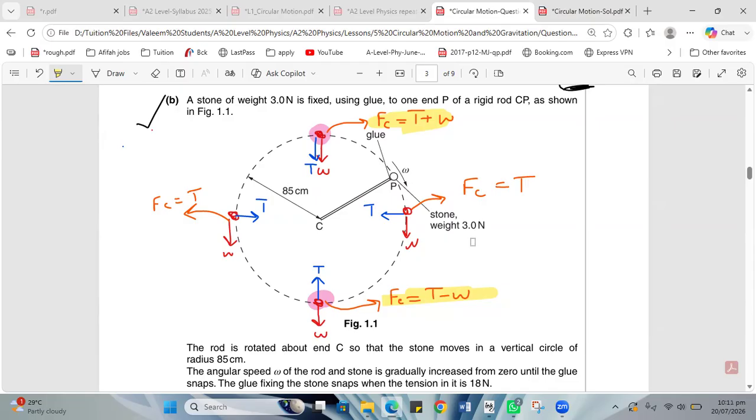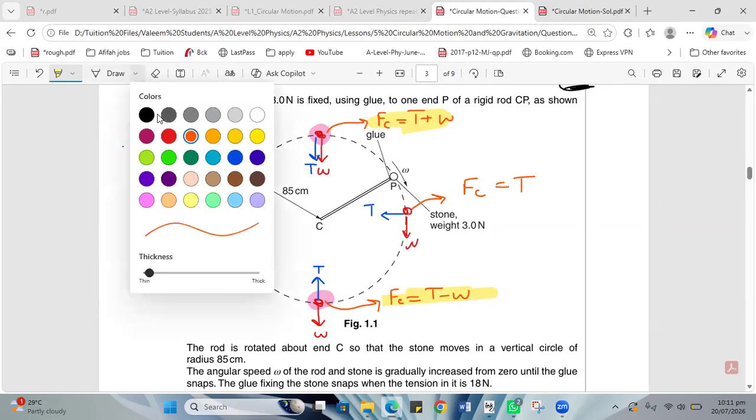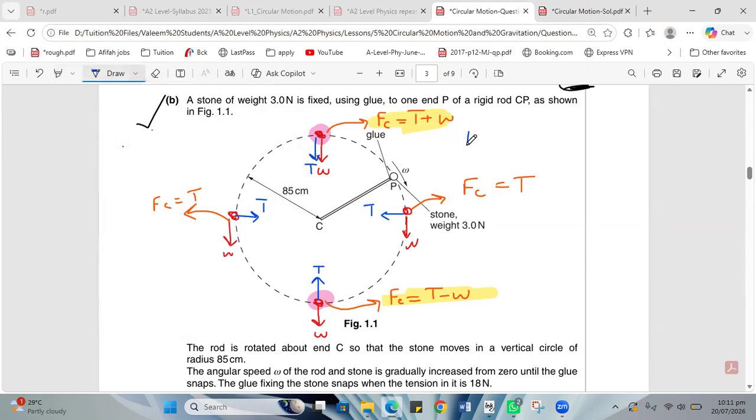So it all depends on tension. Let me rearrange these equations for tension. For the first one, tension is equal to Fc minus weight. For the second one, tension is equal to Fc plus weight.